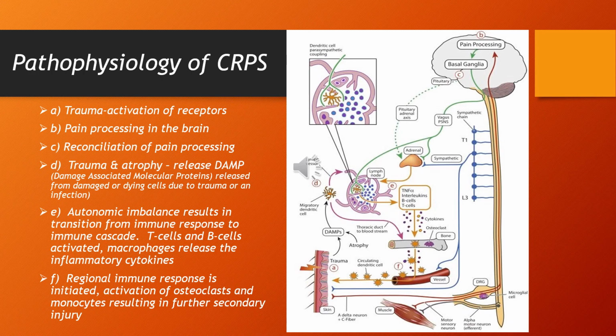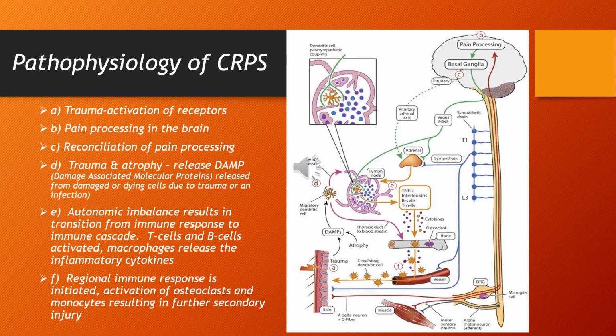Normally, the dendritic cells in the lymph nodes are held in a state of immune tolerance by innervation of the ANS, the autonomic nervous system, particularly the parasympathetic nervous system, which modulates the immune cell function via the cholinergic anti-inflammatory pathway.